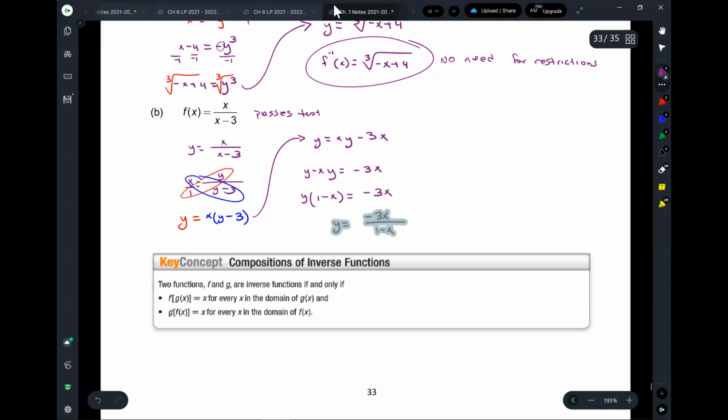I need to solve for y, so I need to factor out a y. So I get this, then I need to divide by 1 minus x, 1 minus x. This is probably the most complicated it'll get. Okay, yeah. So always with fractions, cross multiply. And so here, this is going to be f inverse of x.